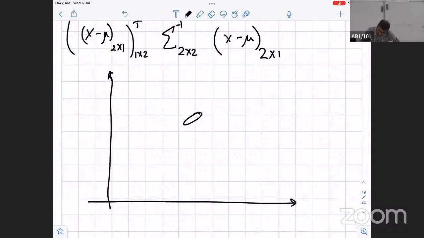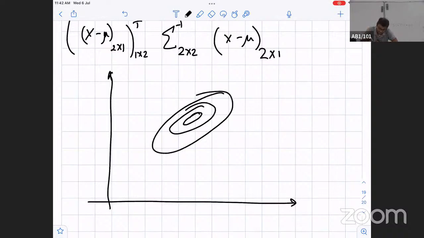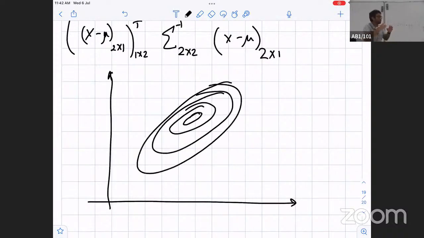This will be like a hill. This is the top of the hill, then next level, next level. So it's like a cap. The top of that is the smallest one, and the center is mu1, mu2, the mean. Do you understand this?